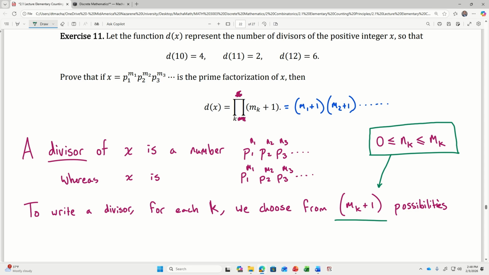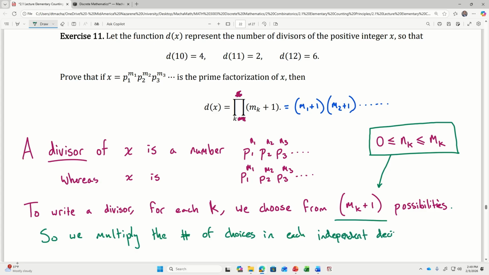And so the product comes around because I'm making individual decisions that are independent from one another. I multiply the number of choices in each independent decision, which corresponds to each pk and mk.